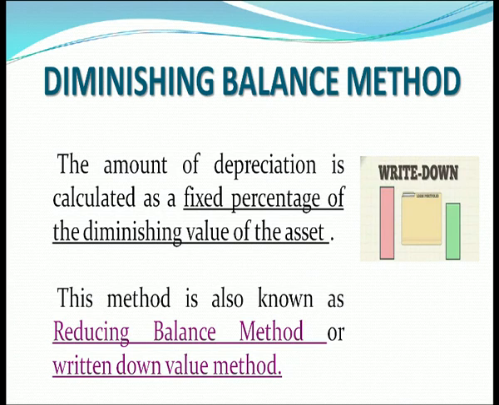So, that is why, since the amount keeps on reducing, this method is also known as the reducing balance method or the written down value method, because every time the depreciation amount is calculated on the written down value or the book value of the asset and not on the original value of the asset.